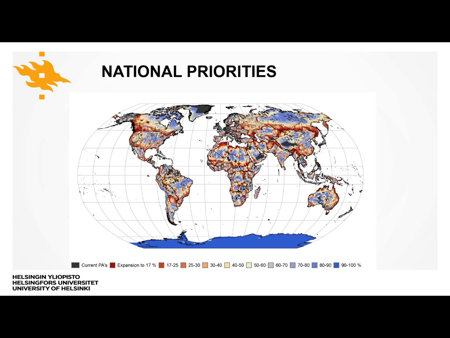But this is not the only perspective that one can have. If we would be going with, for example, only terrestrial vertebrates, so selkärankainen in Finnish is vertebrate, of course we wouldn't protect anything in Finland, for example, and that's not how we want to do things for real. But that's the reason, the analytical approach here.